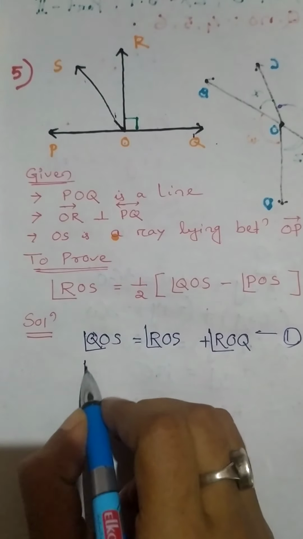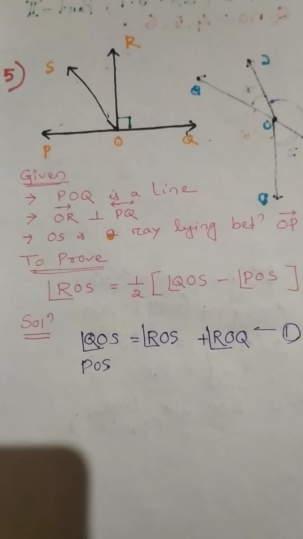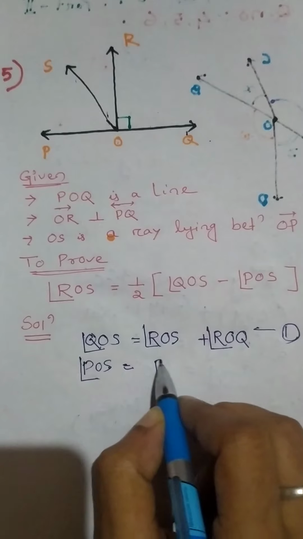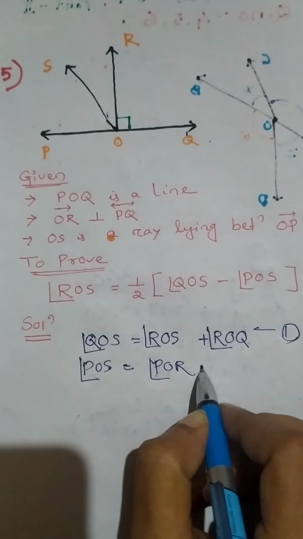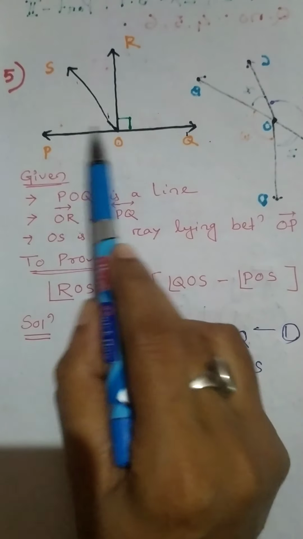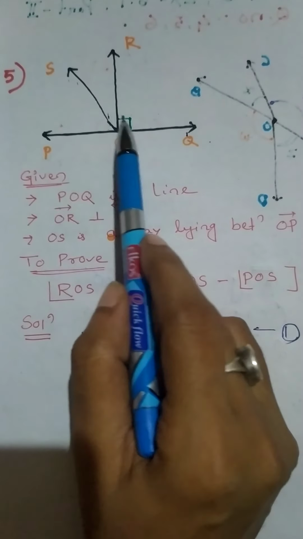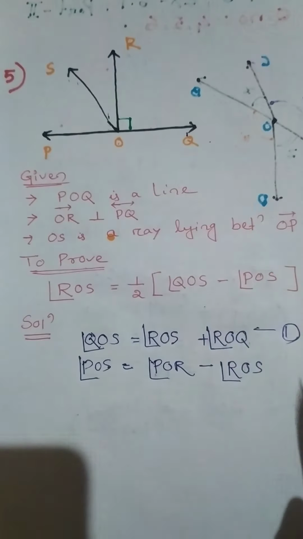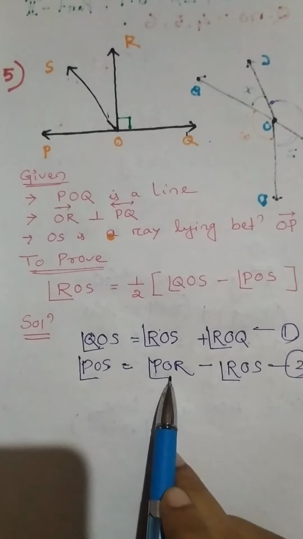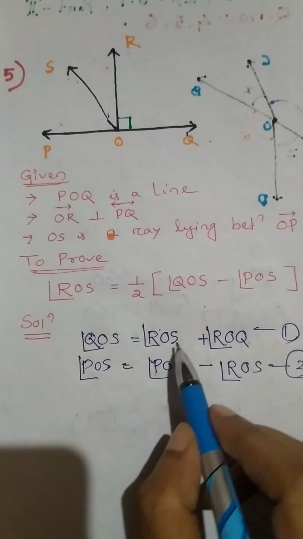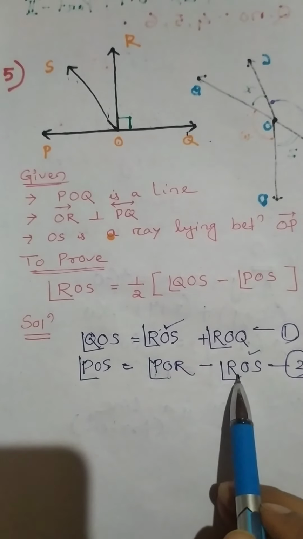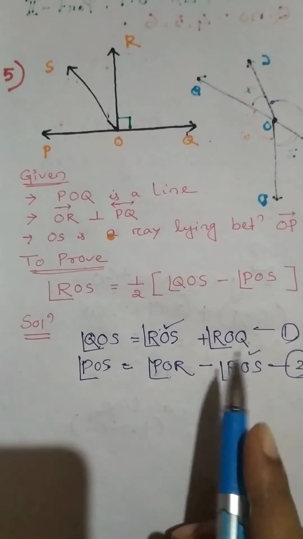Similarly, we can write angle POS. So POS can be written as POR angle minus of ROS angle. This POS is equals to this total angle minus of this angle, making it as equation 2. Now see here, in both the two equations ROS is coming, here ROS, here ROS. So we may convert the equation in forms of ROS.